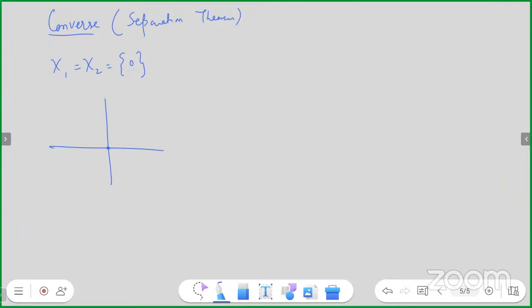So think of the following statement I want. Chi1 and chi2 such that there is strict separation between chi1 and chi2.